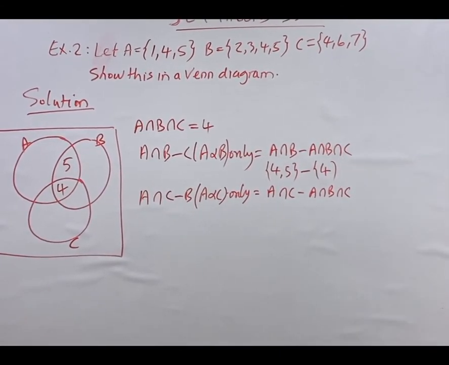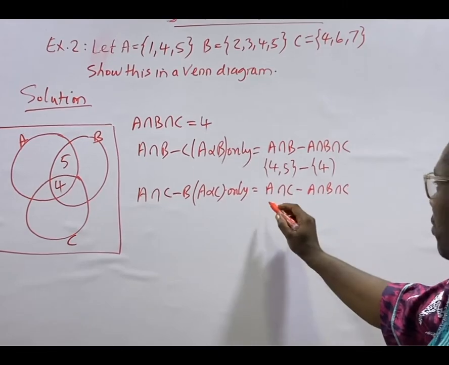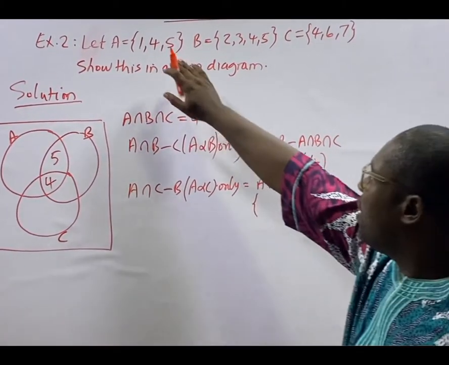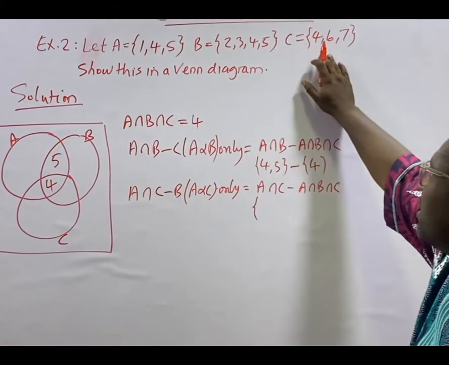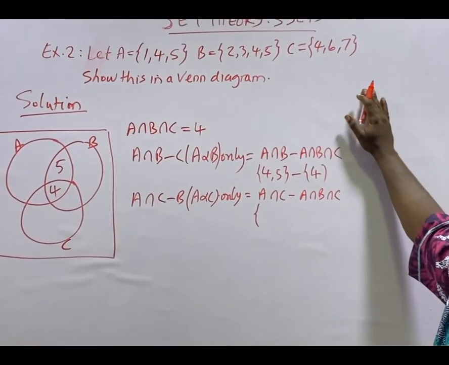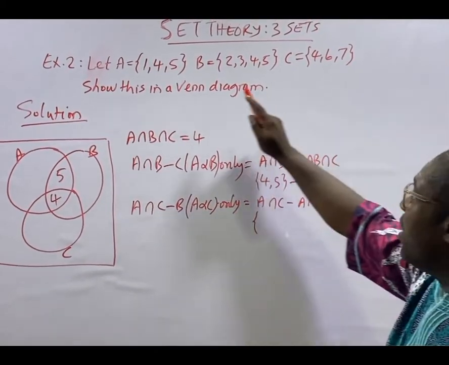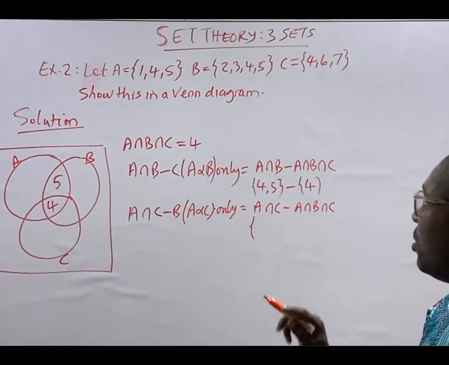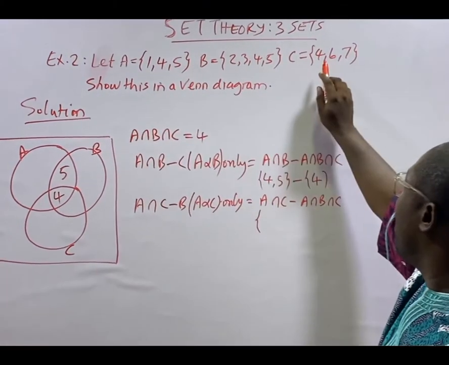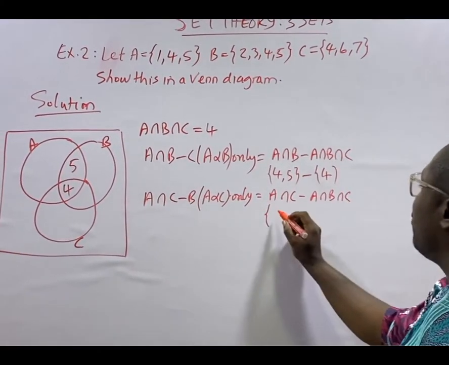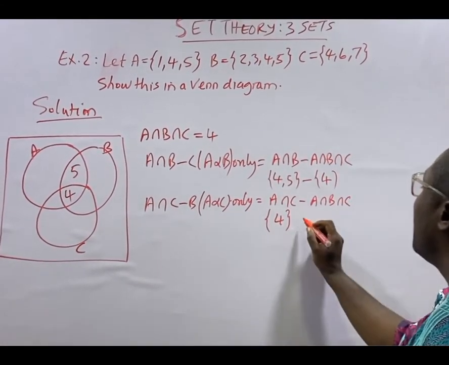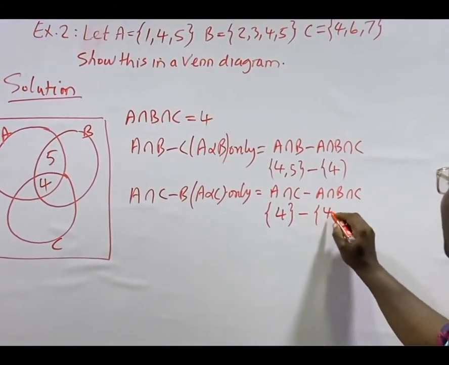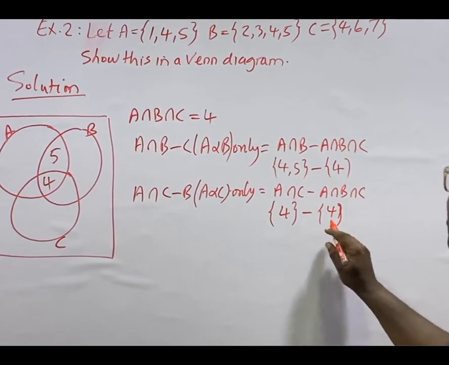And how do we solve that? Now let's look for A intersection C. What is common between A and C? A is 1, 4, 5, and C has 4. What's common? 4 is common. So 4 is the only element. And minus A intersection B intersection C, which is 4.